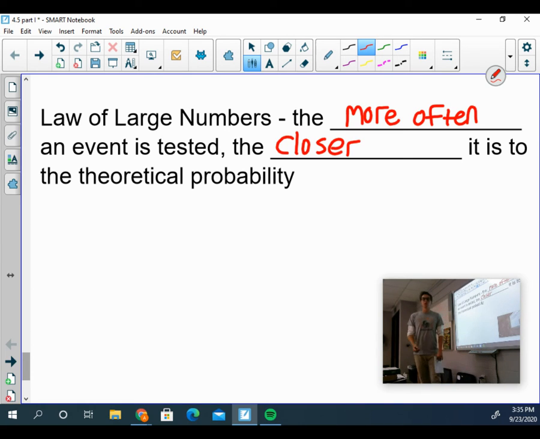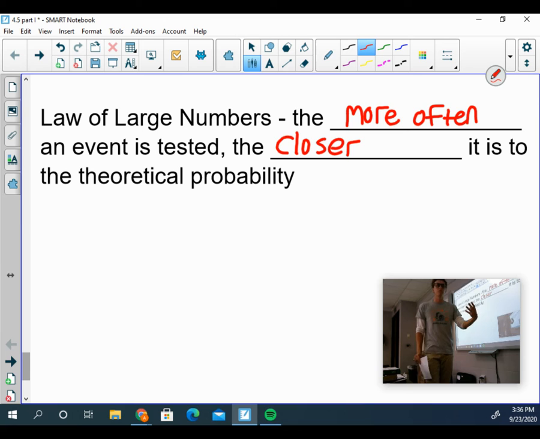Maybe I flip it 1,000,000 times and it's 501,000 heads and 499,000 tails. Okay? The point I'm getting at here is the more you test an event or the more you run an experimental probability, the closer it will get to the theoretical probability. That is the law of large numbers.